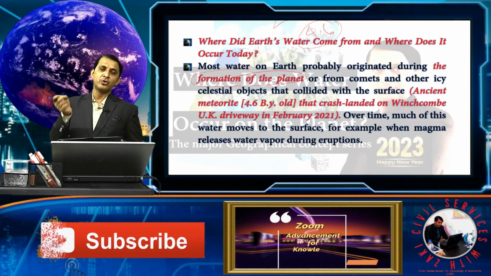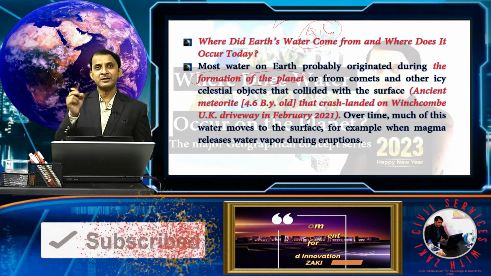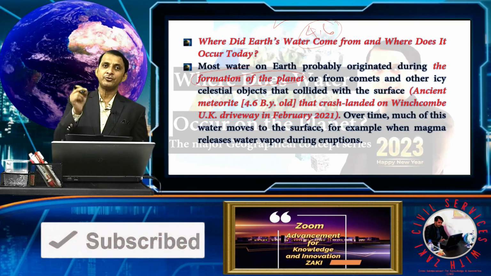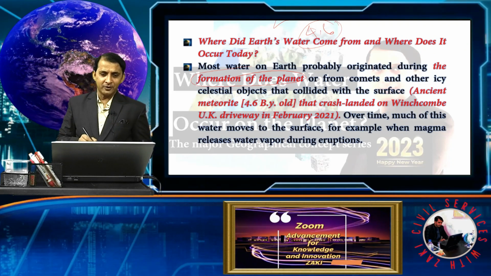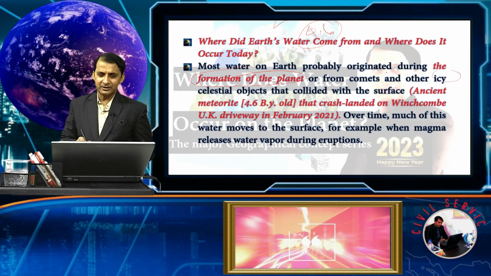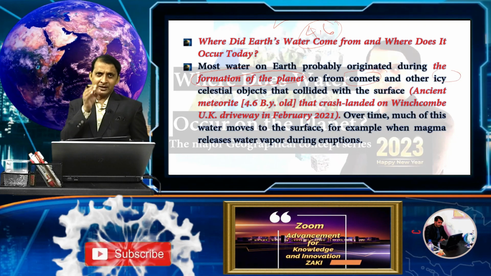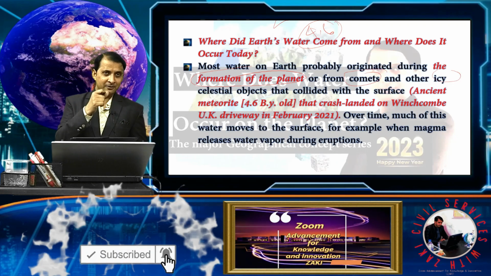At that time most of the water on Earth basically originated due to the frequent colliding of icy celestial objects like comets, meteorites and so on. They frequently collided with the primary Earth.